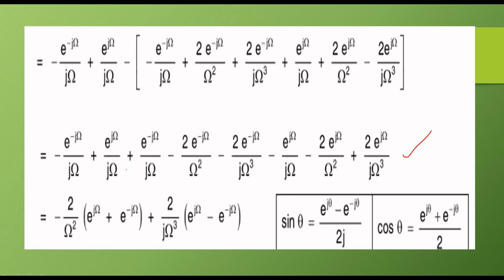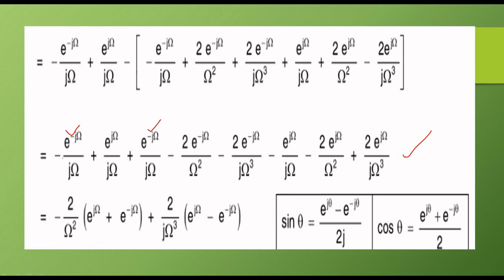So then what happens next? We'll have to check for the common terms and we'll have to cancel it out. Look at the first term. First term is e power j omega by j omega plus e power j omega by j omega. Check if there is a corresponding term for this. Look at this third term, e power minus j omega by j omega.